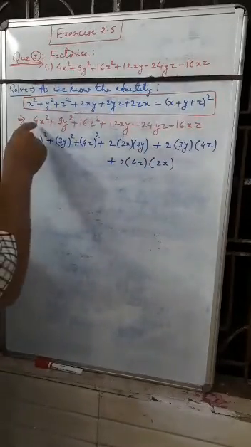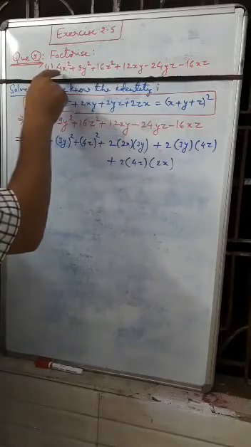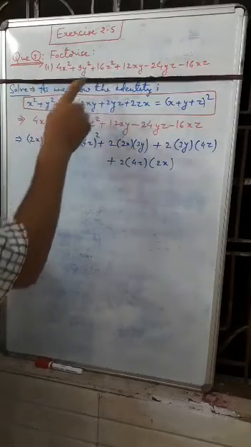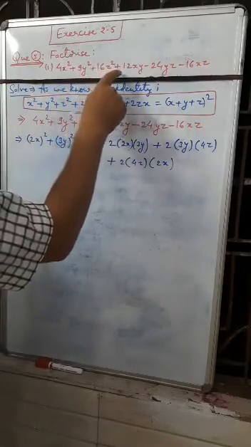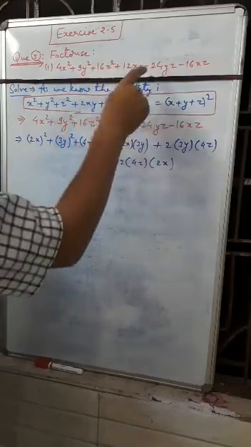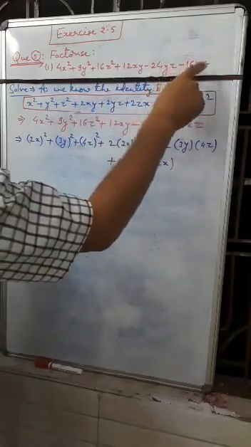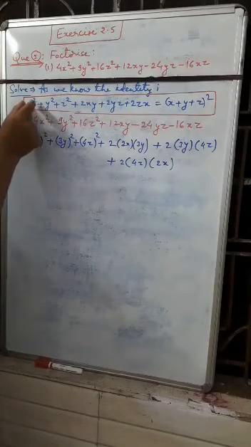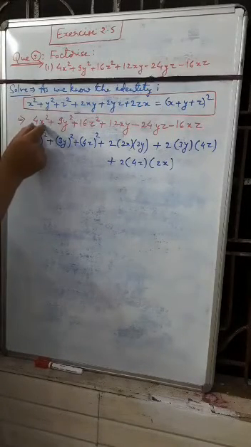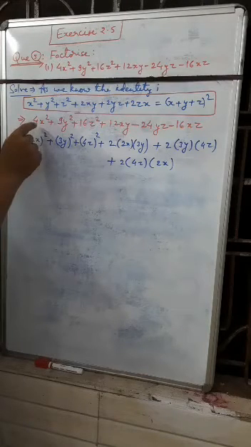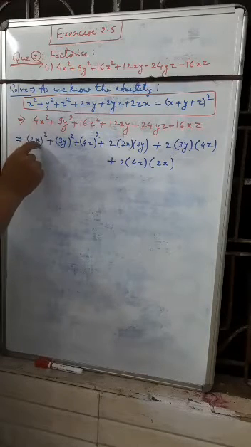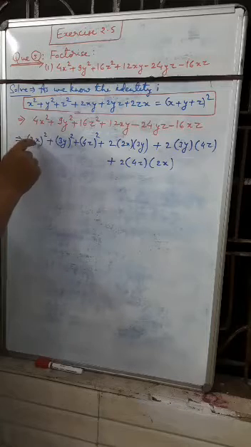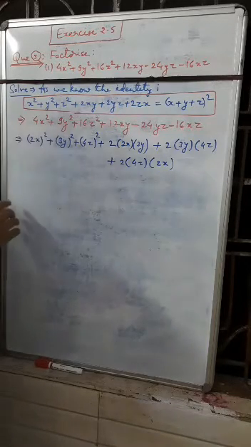So we again copy the problem, 4x square plus 9y square plus 16z square plus 12xy minus 24yz minus 16xz, and we try to convert it into the form of a whole square. We can write 4x square as 2x whole square, which is equal to 4x square.